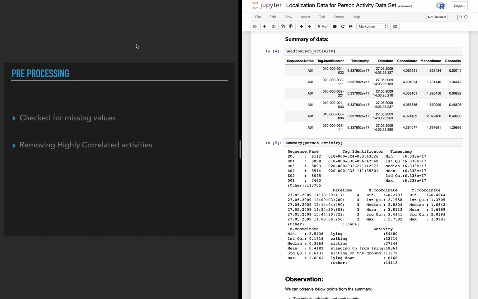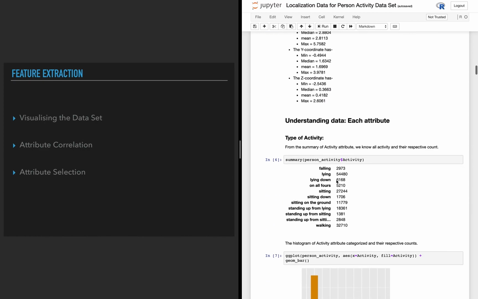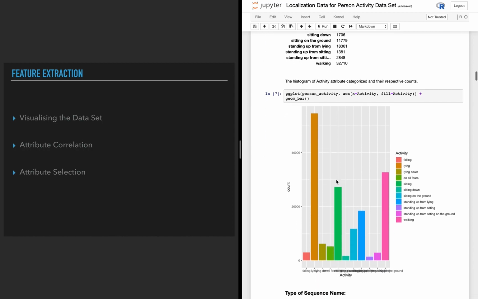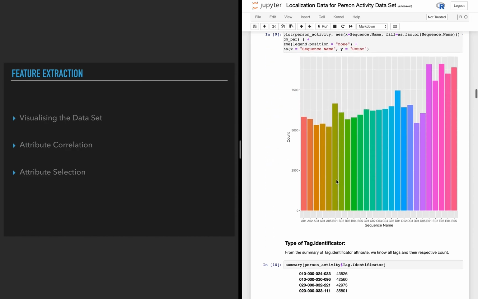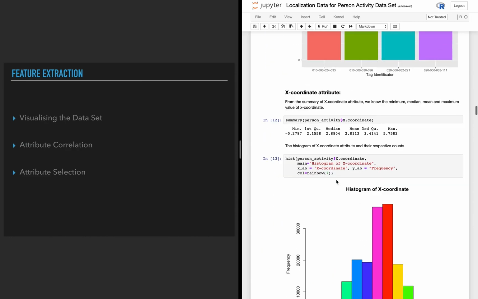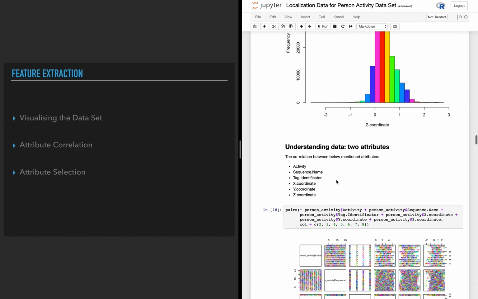Next, we get into the feature extraction from our dataset. As we can see from the right, we found out the summary and visualized the dataset as follows. We found that lying, sitting, and walking comprised a major part of the dataset. To see the correlation between all the attributes, we plotted their correlations as can be seen in the notebook on the right.